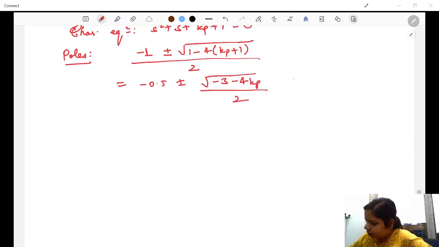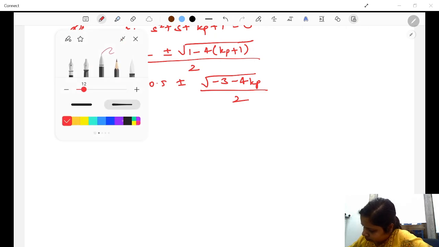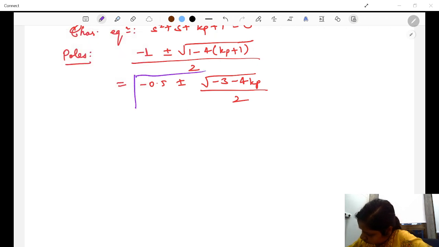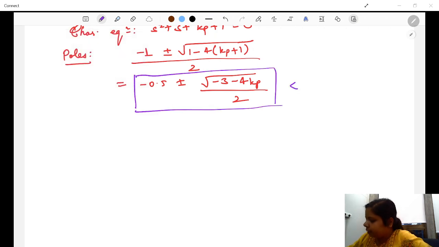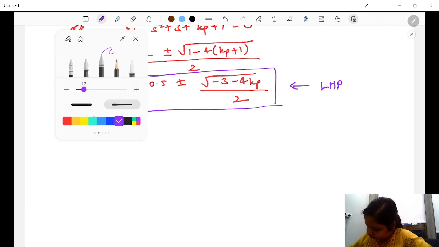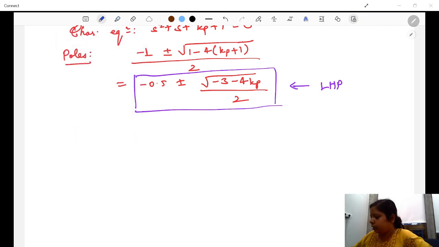Now we want to make sure that both of these poles lie in the left half of the s plane. Now how do we make sure whether both are lying or not? So first we will take the first pole condition.